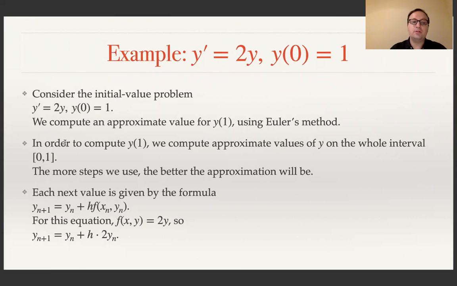So we'll use a grid of points on the interval 0, 1, and we'll compute an approximate value on each point in this grid, starting with 0, where we already know the value, and ending with 1. And we'll divide the interval 0, 1 into steps of equal size. The more steps we use, the better the approximation will be, as we'll see.